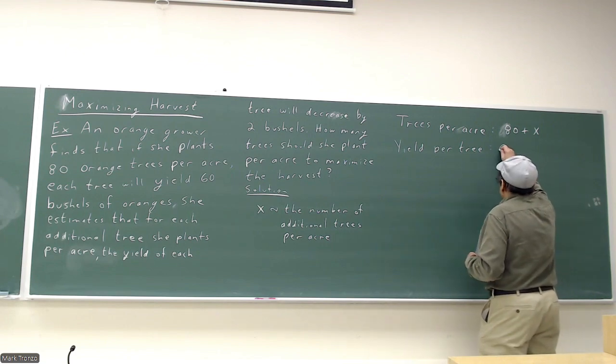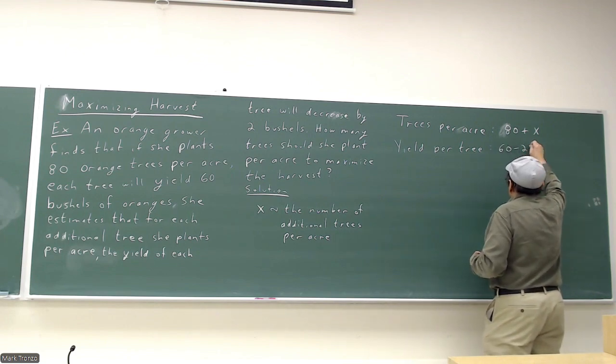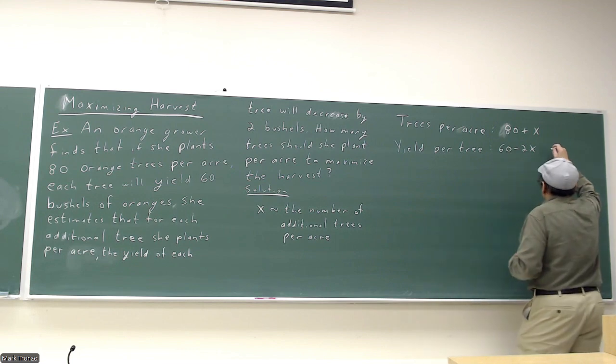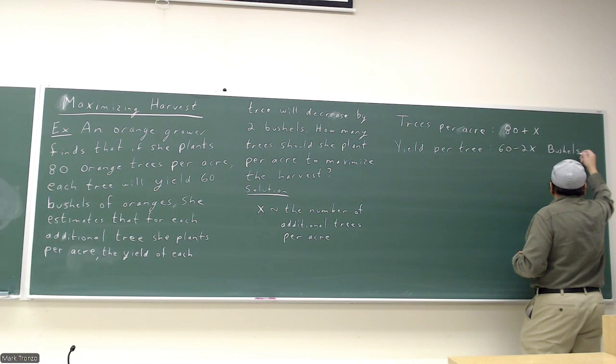So it's going to be 60 minus 2x bushels per tree.